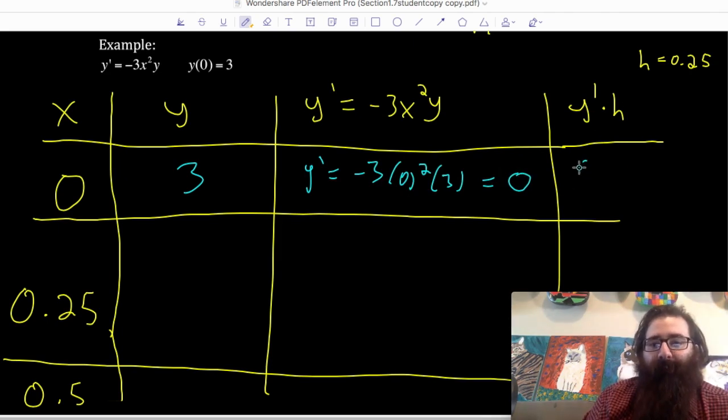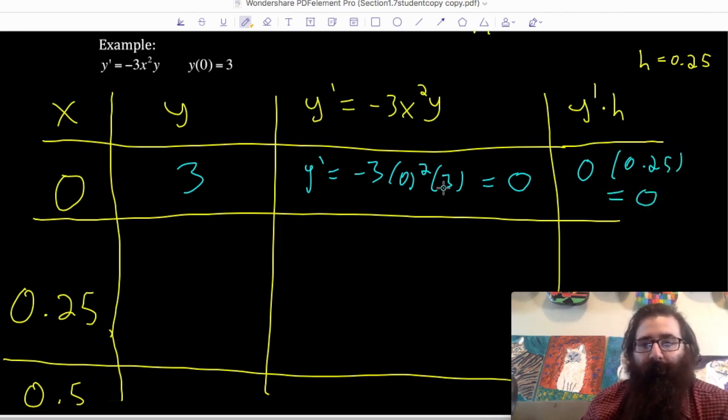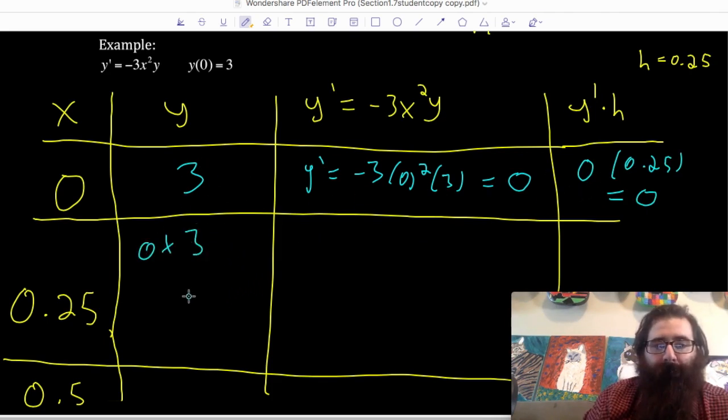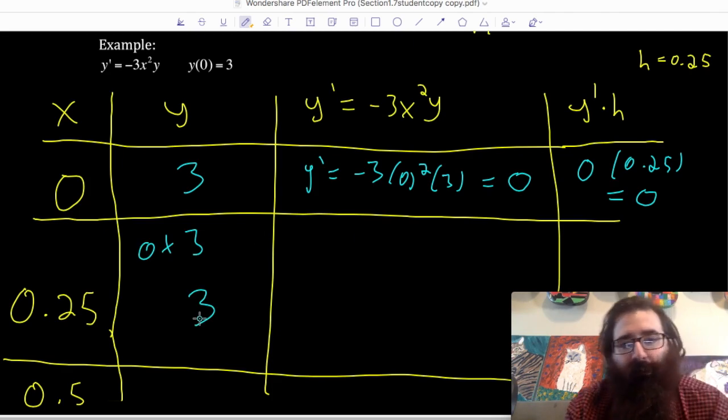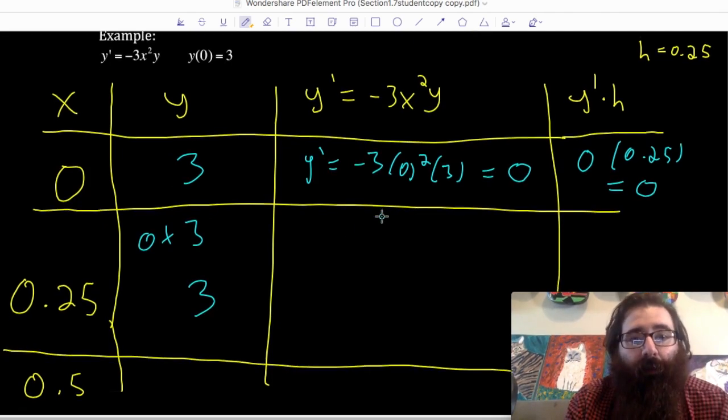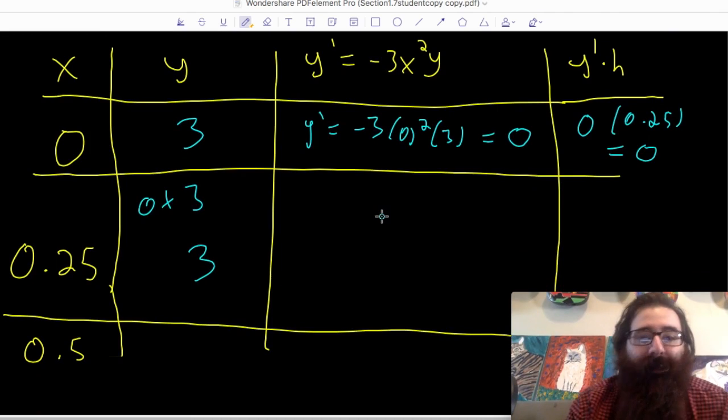And then y prime times h, that's 0 times 0.25, is going to give me 0. So we have another one of what I like to call the slow startups for moving in the y direction. When I add 0 to 3, my y value stays at 3 for this first iteration. But probably not going to stay that way.